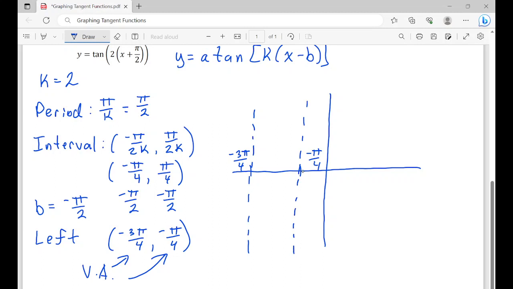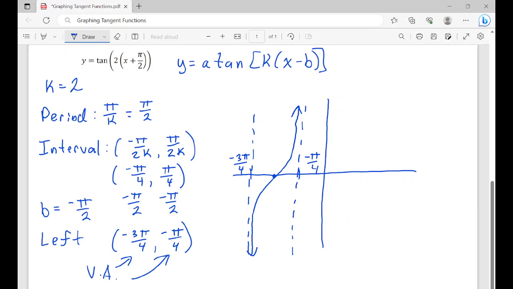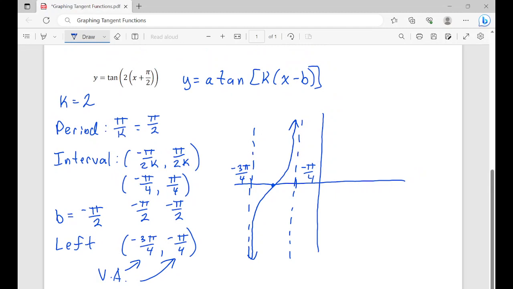And again, right in the middle, because there is no vertical shift, this is right where it's going to cross the x-axis. So it's going to be right in the middle. So I'm just going to go up, connect it, and go through. And there is my graph for this tangent function.